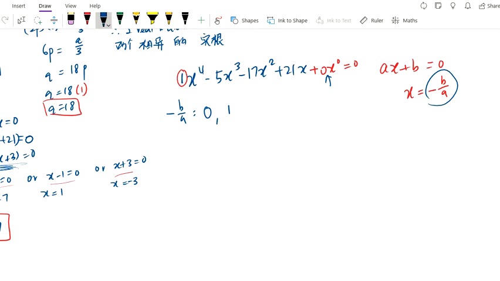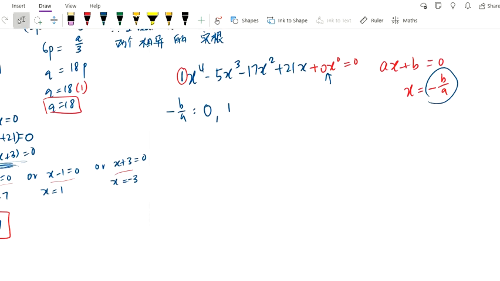So obviously, from here we know that the factors of this polynomial are x minus 0, or x plus 0, doesn't matter, and x minus 1, and something else, right? Then multiply with something else that will give us back this one.